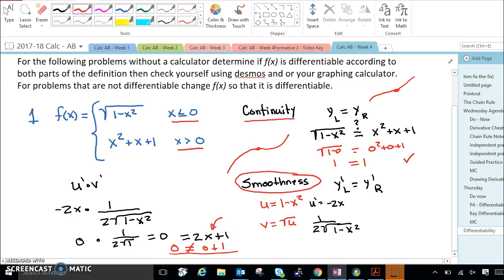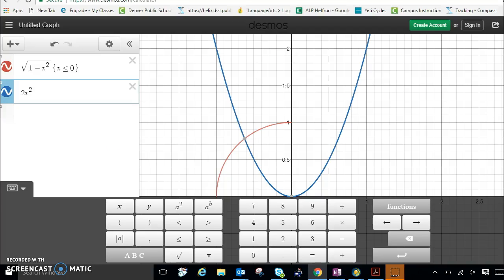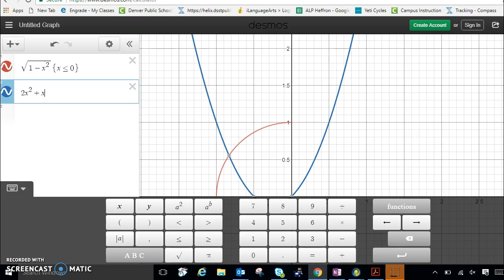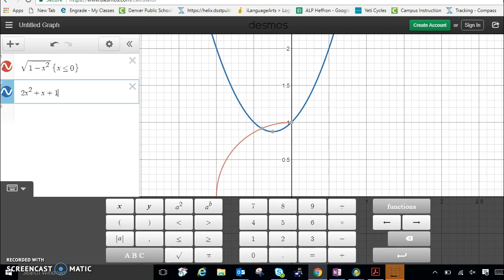Now I've asked you to check all of your answers on Desmos. So I'm going to move over to Desmos. I put the first piecewise portion of the definition. Now I'll put the next, 2x squared plus x plus 1. And we don't want the entire graph. We want the graph greater than 0.